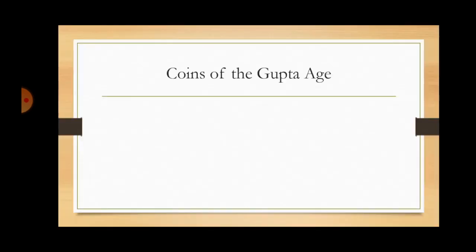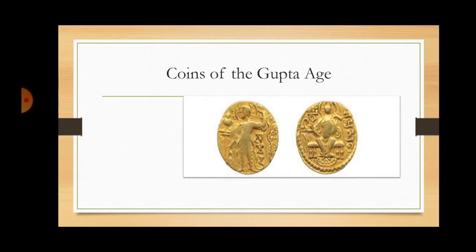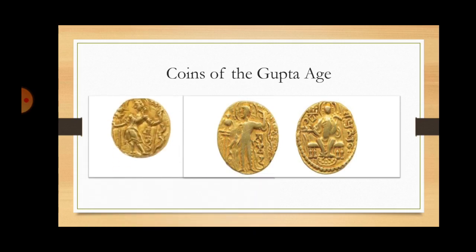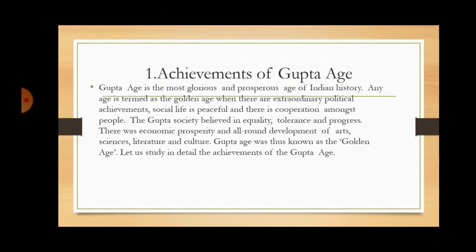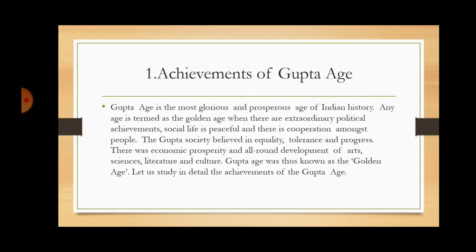So here you can see, my dear students, coins of Gupta age. Here, as I told you, my dear students, Gupta age was known as the Golden Age, by taking over the areas which were under control of Kushanas and Satavahanas.